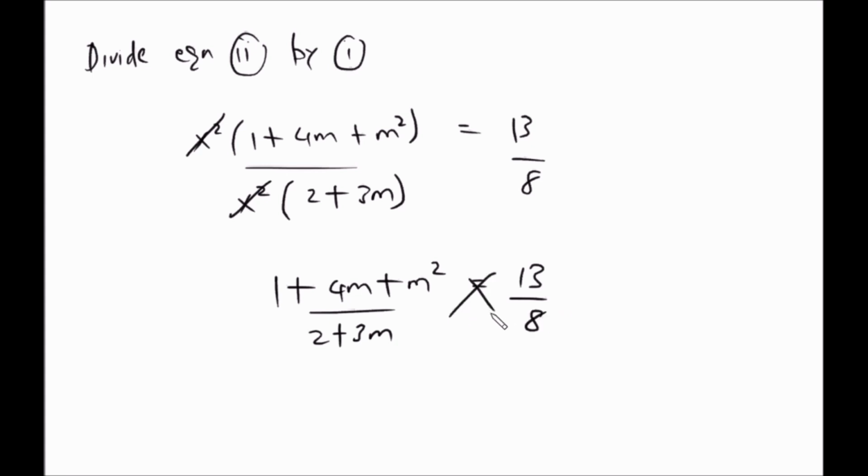Now I can cross and multiply. So itakuwa ni 8 times 1 plus 4m plus m squared is equal to 13 times 2 plus 3m. Kwa hiyo upande wa kushoto tuna 8 times 1 plus 4m plus m squared. Upande wa kulia tuna 13 times 2 plus 3m.